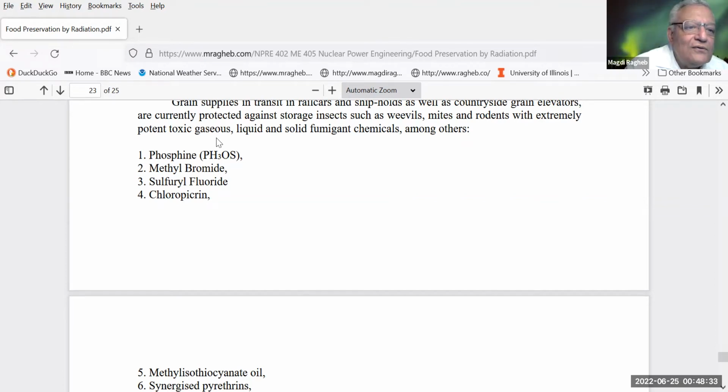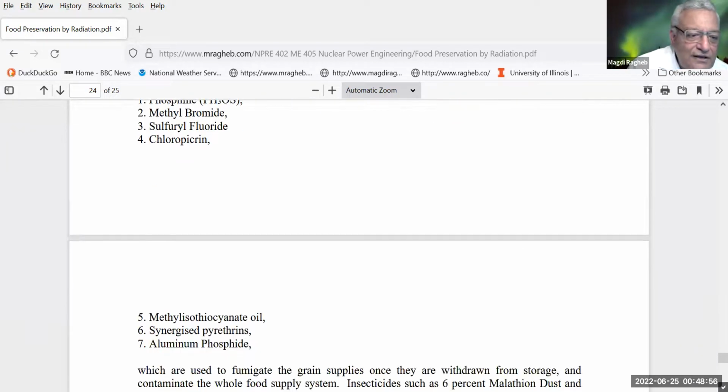They use what they call fumigants. Fumigant materials or fumigant chemicals come from fumes, and it comes from the French word fumer. Fumer means smoke. They add those chemicals: phosphine, PH3, methyl bromide, sulfuryl fluoride, chlorpyrifos. All of these are being added today.